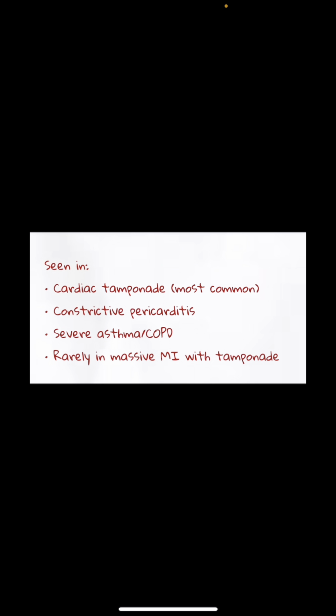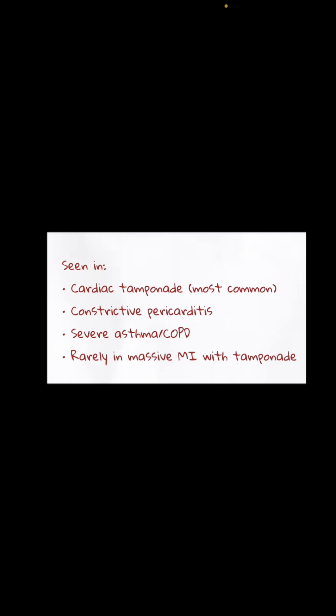This is seen in patients with cardiac tamponade, which is most common. Most of the time the pathology behind it will be cardiac tamponade, constrictive pericarditis, severe asthma or COPD. It is rarely seen in MI, with massive MI with tamponade, but it still occurs.